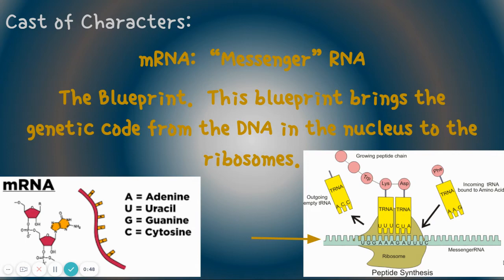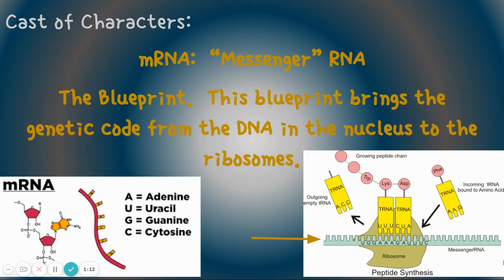So the messenger RNA acts as a blueprint. It's the instruction manual. It's a copy of the recipe. It's basically what your cells, what your tRNA, we're going to see, will follow in order to build your proteins according to the genetic code on the DNA, which is still trapped in the nucleus.